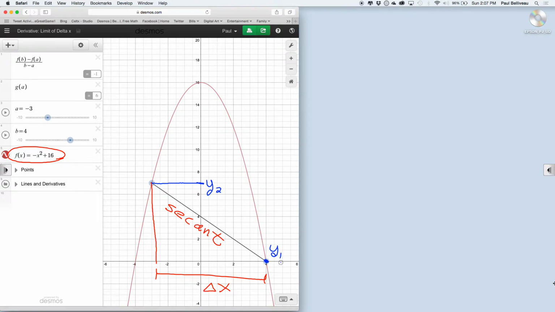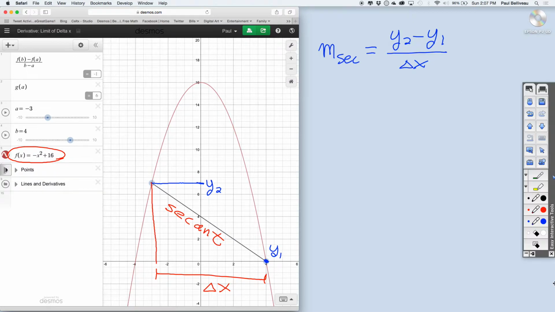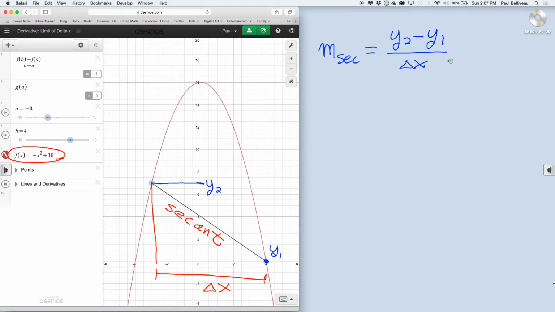I'll call that y sub 1. And the slope of that secant line, as I mentioned in the last video and in class, is y2 minus y sub 1 divided by delta x. Delta x is just another fancy way to write x2 minus x1. It's a change in x, so we're looking at a simple slope formula.